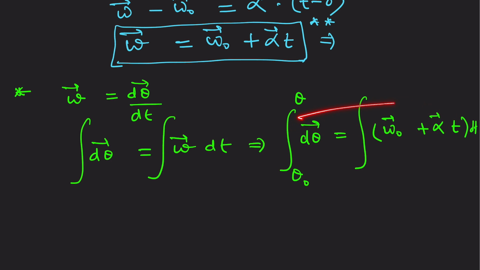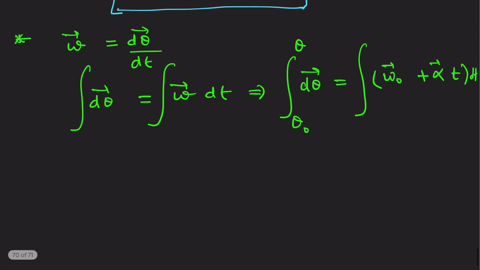These direction things we can't use. I hope you're getting my point. We have to eliminate these directions when we are talking about a definite time interval, because we discussed in the start that for a definite time interval, the delta theta couldn't be a vector quantity.